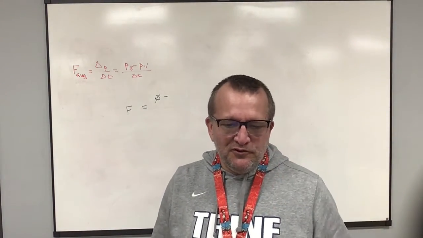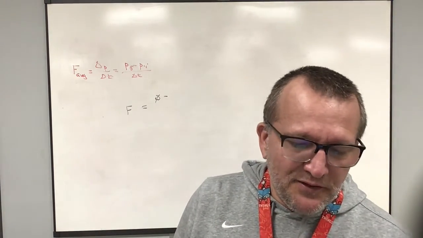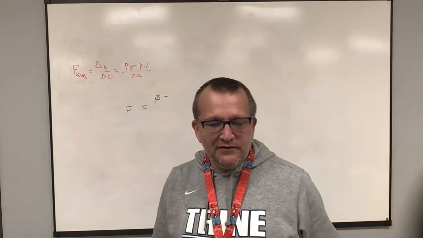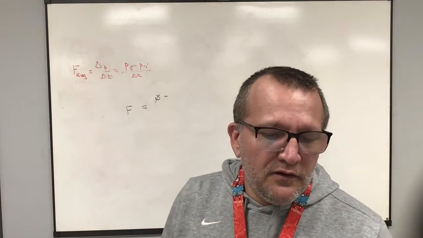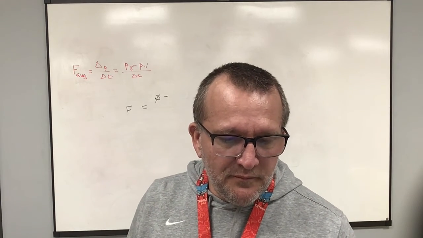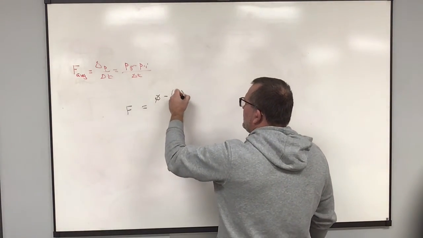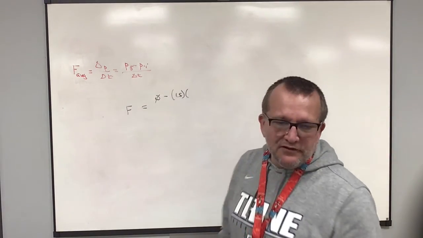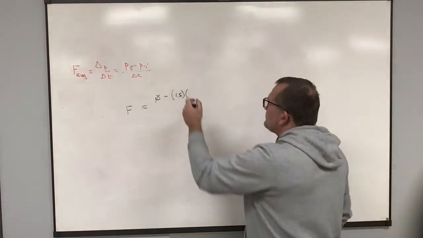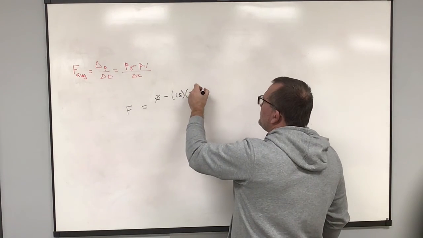We're going to assume that the change in time is going to be 1 second during this whole process. So our mass is going to be 1.5, and then we multiply it by our velocity during that 1 second, which is a constant velocity, so it doesn't matter, 20 meters per second.